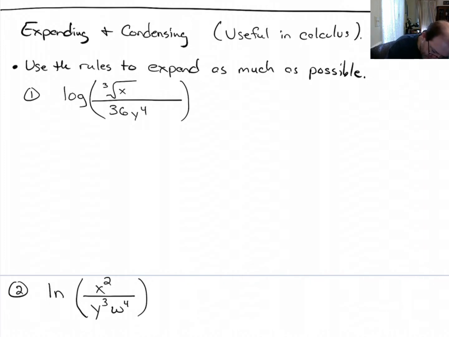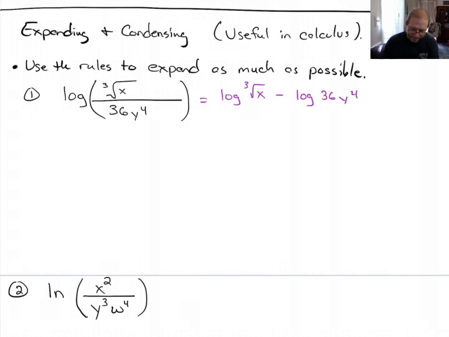So first up, I'm going to do these first few in several steps, but then we're going to see sort of a shortcut, and these problems are going to turn into something that can be done really quickly. All right, so this one, we've got a subtraction. So this is log of cube root of x minus log of 36y to the fourth. Okay, so over here, this is two things multiplied together. So let's break that out.